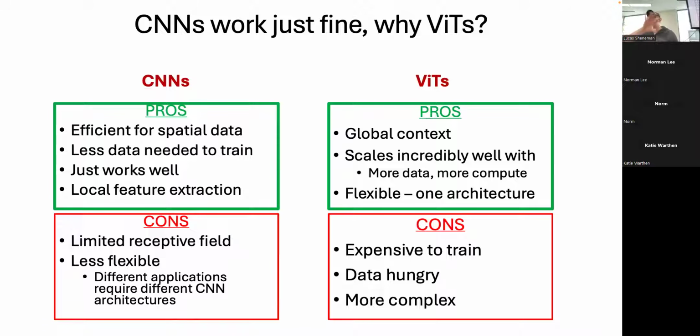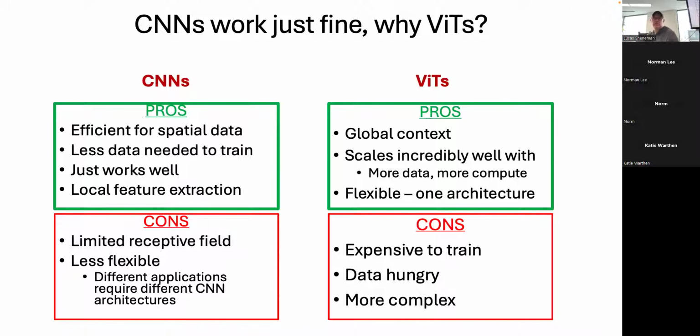You convolve these matrices over images. It's really efficient on modern hardware. You don't need a lot of data to train relative to vision transformers. And it's really good at local feature extraction, right? Because you're applying these small matrices over areas and extracting really local features and kind of building those up as you shrink your spatial dimensions.